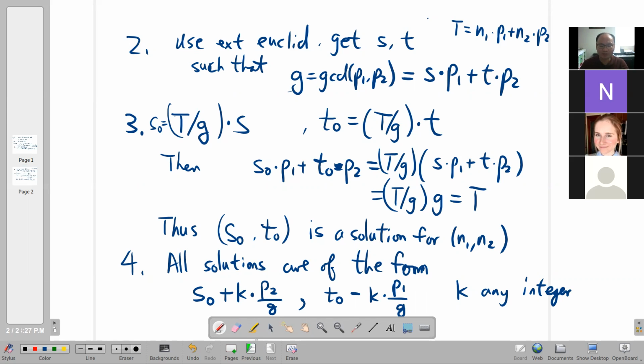There's an infinite number of these solutions. You basically take one of the solutions for S, then add some multiple of P2 over G, and the other one you subtract some multiple of P1 over G. Even though this looks like a fraction, this is always evenly divisible because G is a common divisor of P1 and P2. So G must divide P1 and P2 properly. There are no fractions introduced.